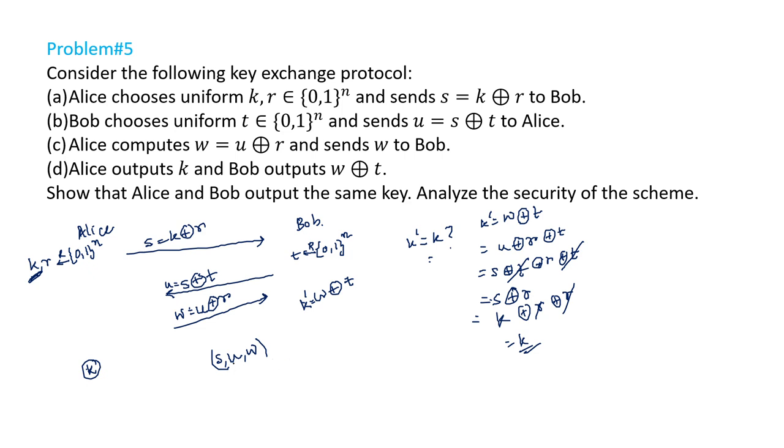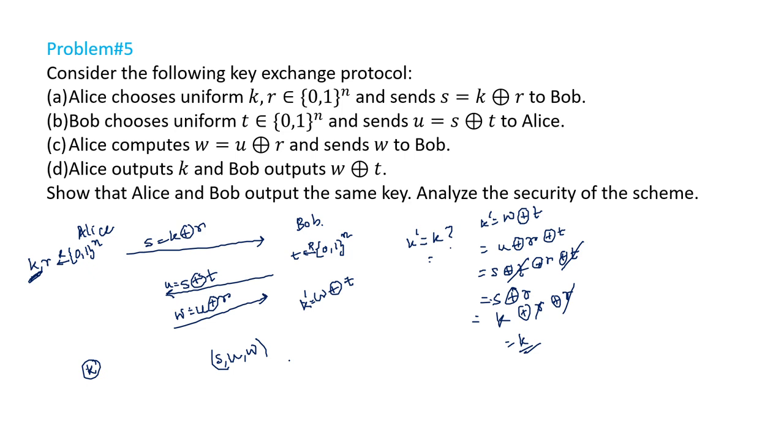Now if somehow from these three pieces of information you can retrieve the exact value of key K, then your scheme is not secure, because an adversary in a key exchange protocol is not supposed to know the value of the secret by seeing the transcript. That is the weak privacy for a key exchange protocol.